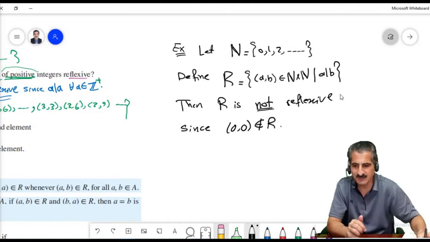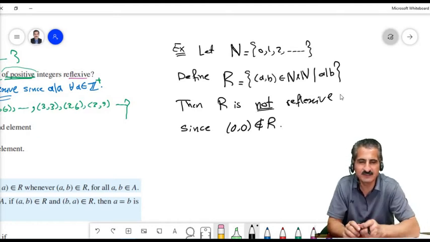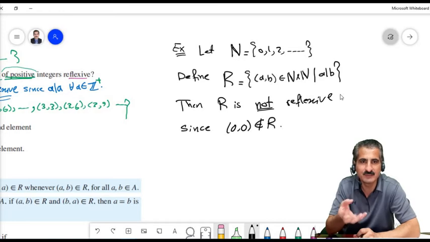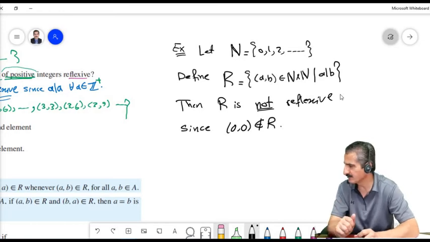So defining a relation with the same rule, the same method, on different sets produces different properties. Good? Okay.